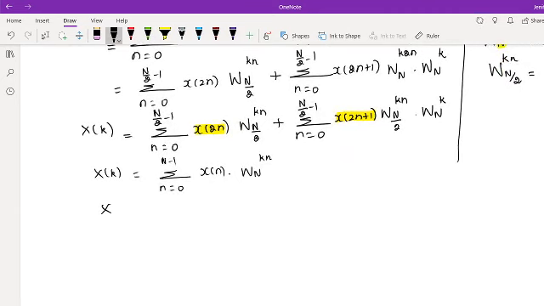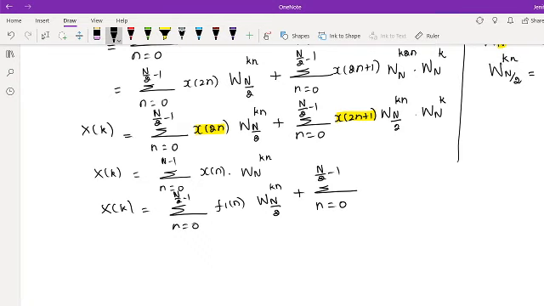X of k is equal to summation n is equal to 0 to N by 2 minus 1 f1 of n W N by 2 power kn plus summation n is equal to 0 to N by 2 minus 1 f2 of n into W N by 2 power kn into W N power k.